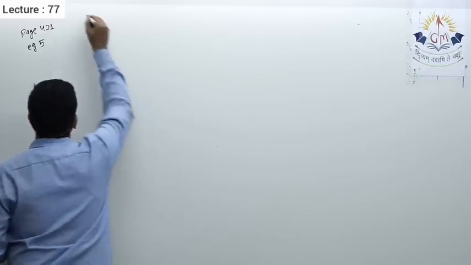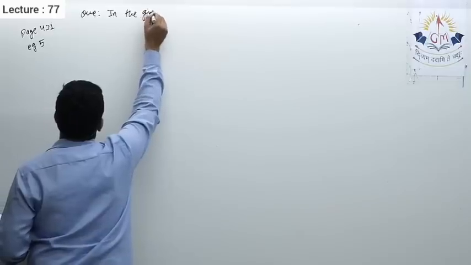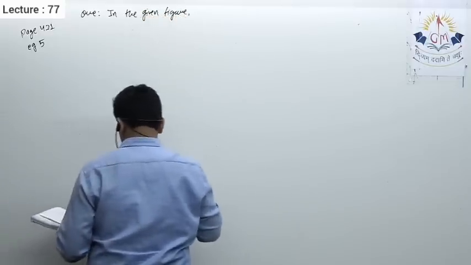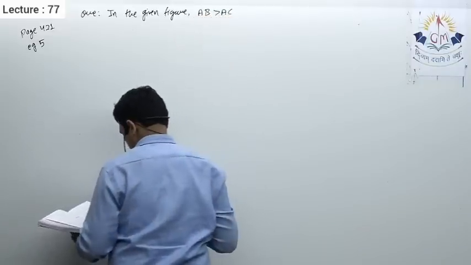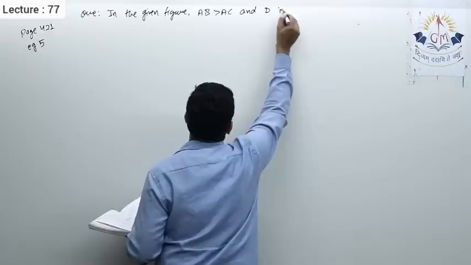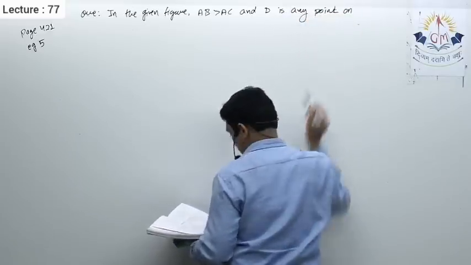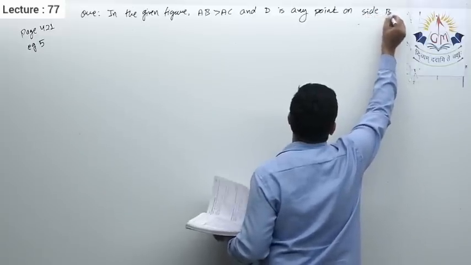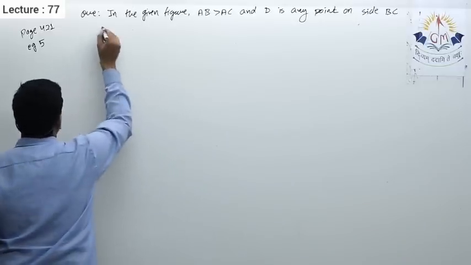In the given figure, AB is greater than AC, and D is any point on side BC of triangle ABC.